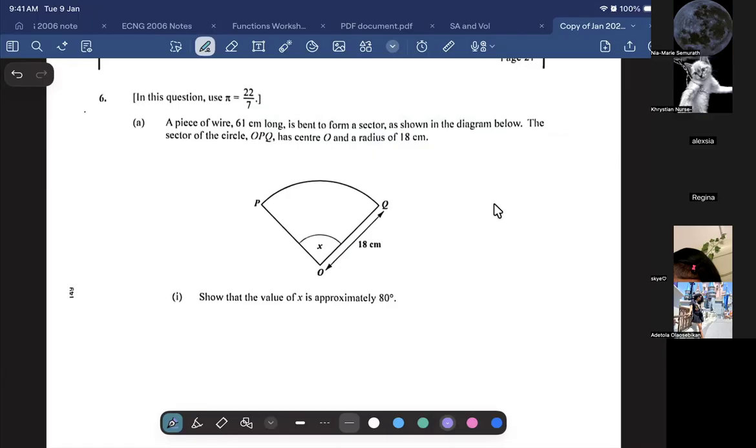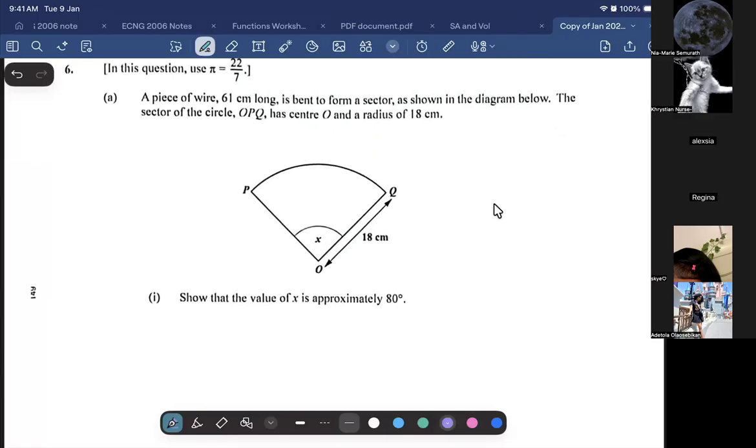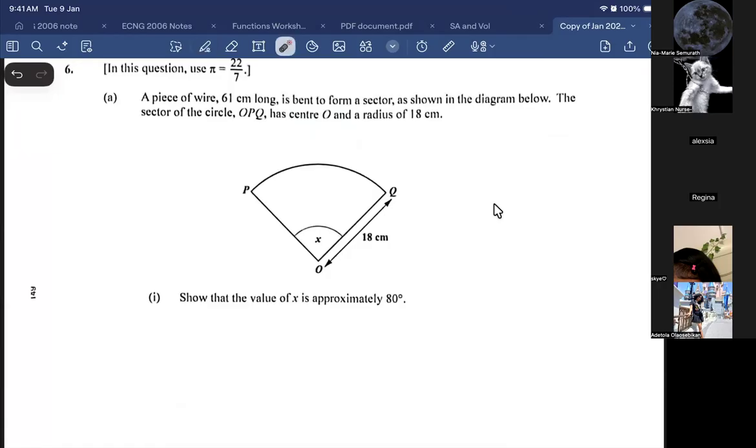So Samir, let me go, right? They're telling us that the piece of wire is 61 centimeters long. So what information could we use that for? You're taking a piece of wire that is 61 centimeters long, and making a sector out of it. Now, a sector is an arc bounded by 2 radii.